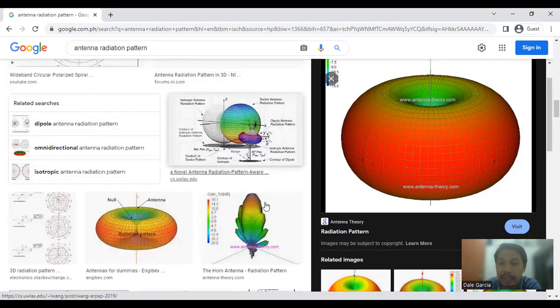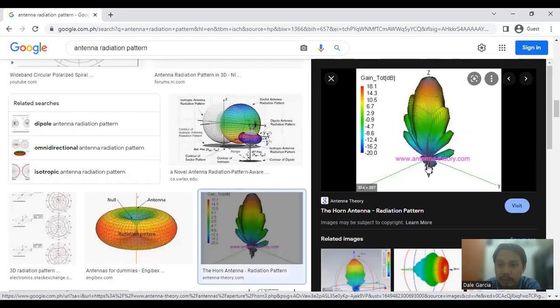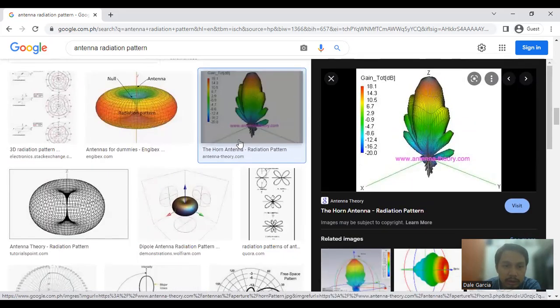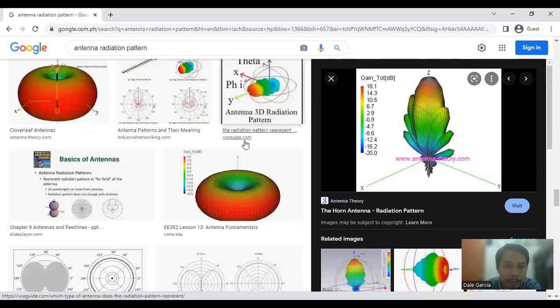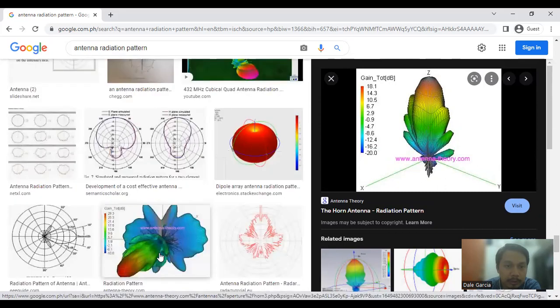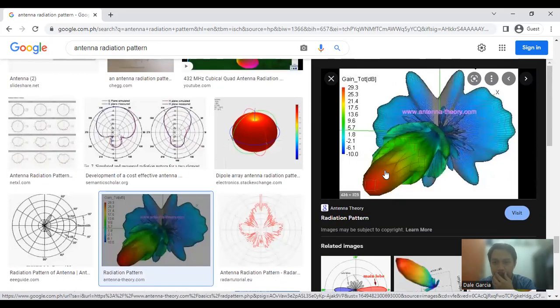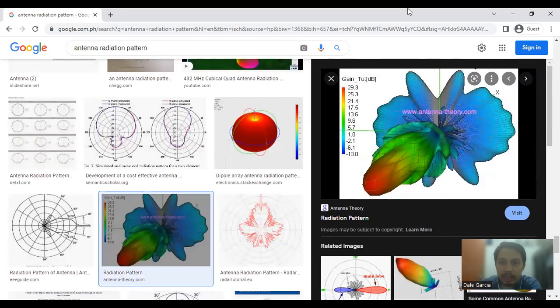Now, this is an example of a more directional antenna. This one, or this one. The color symbolizes strength, the power level of the irradiated power.